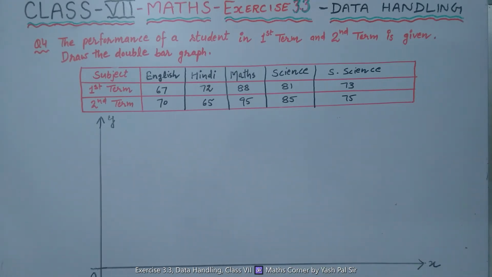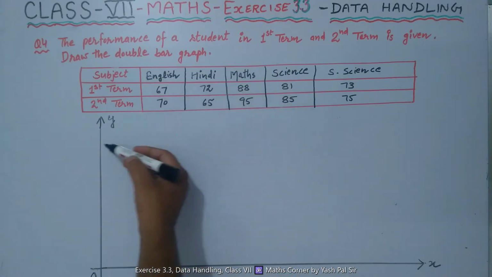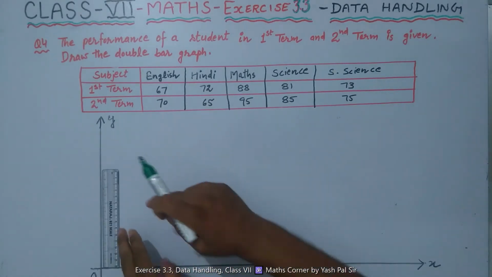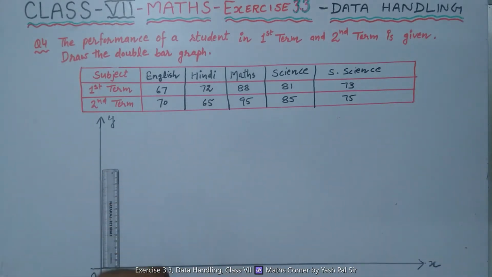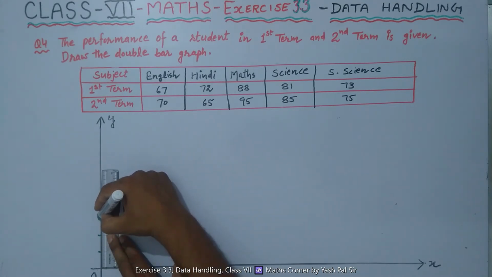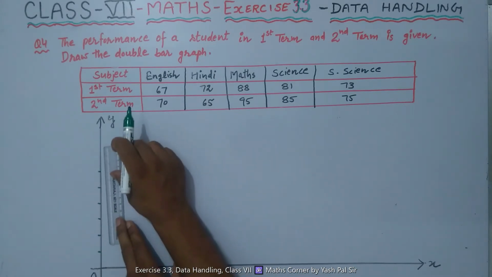Okay, so on horizontal line we are noting down the subjects, and here on this y-axis we are writing the scores, marks of the students, marks obtained out of 100. So first of all, choosing equal marks, that is 10, 20, 30, 40, 50, 60.